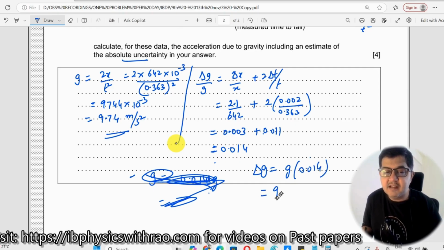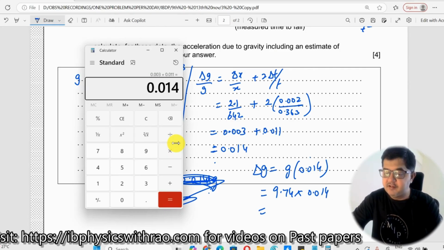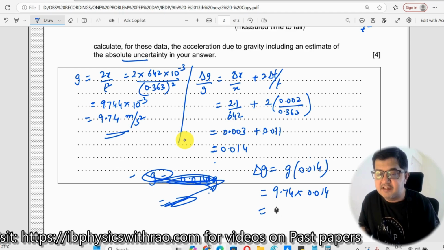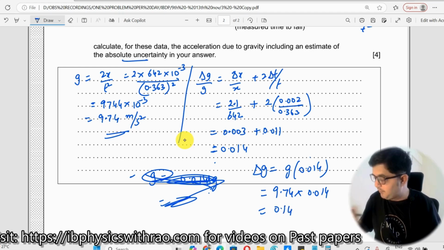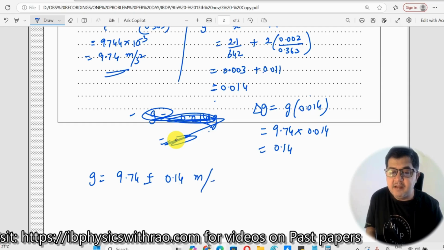It should be 9.74 multiplied by 0.014, which gives me 0.136, nearly 0.14. So the value of g I can now write as 9.74 plus or minus 0.14 meter per second square.